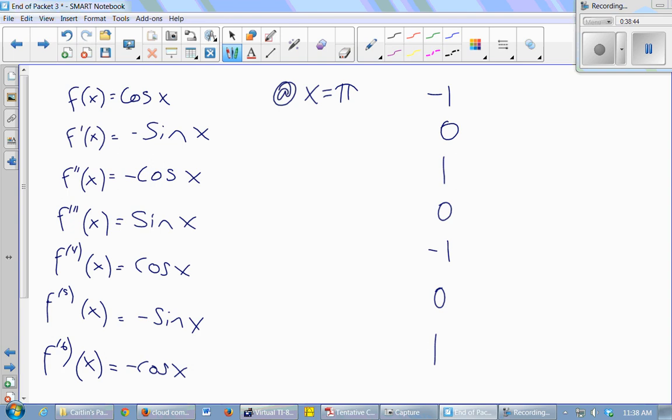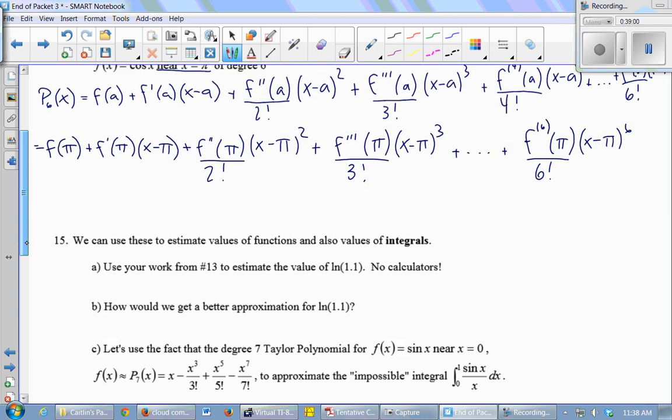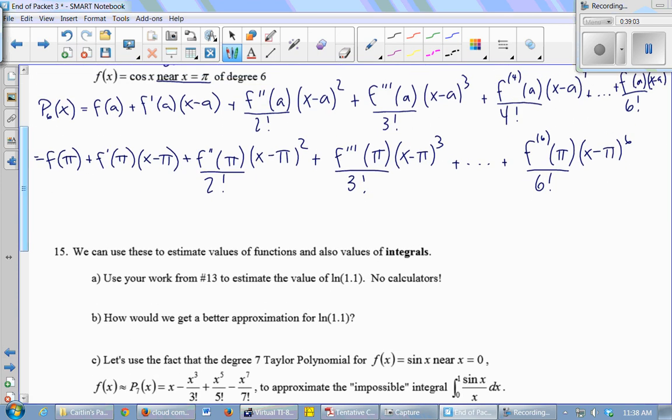So a bunch of my terms are going to drop out because it looks like my odd derivatives, the 1st, 3rd, and 5th, are 0. So those terms are all just going to drop out because 0 times anything is 0. So I go back to my formula, all my odd derivatives of f come out to be 0. So this term is just 0, this term is 0, and there's a 5th degree term in there that's 0.